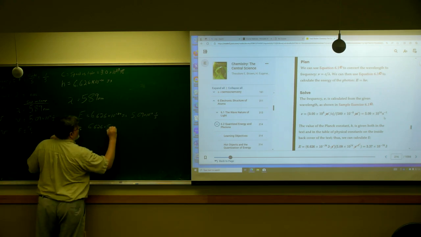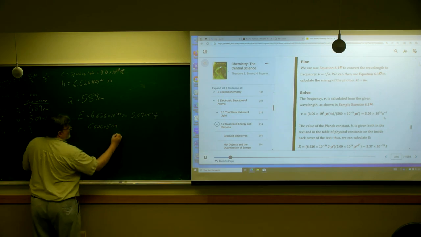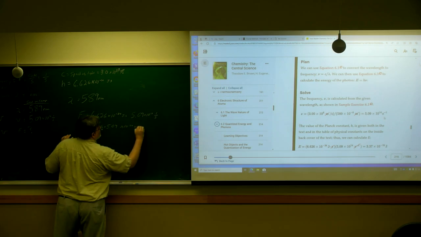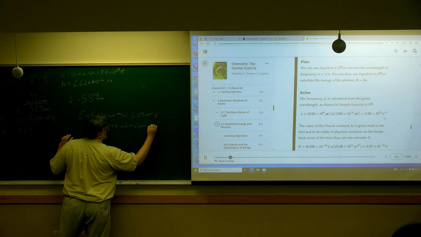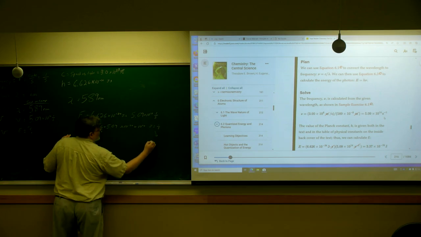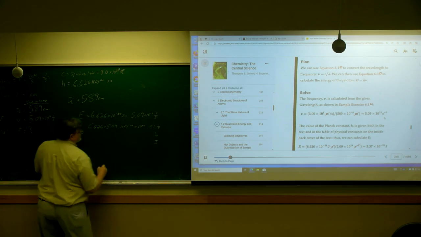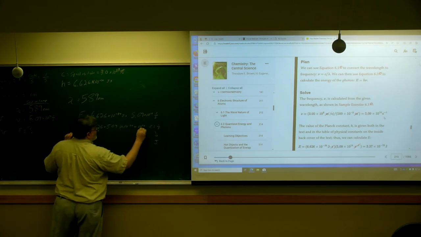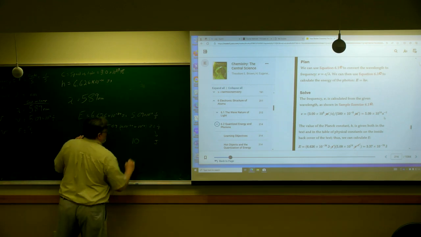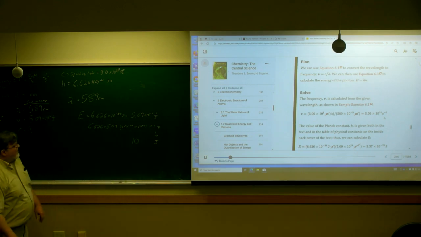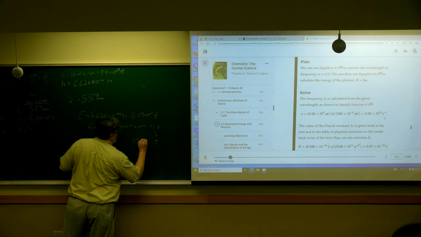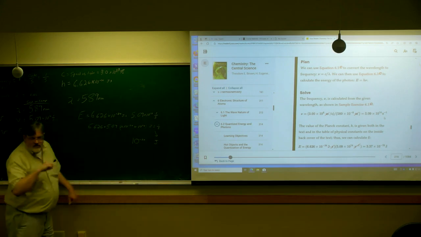6.626 times 5.09, and then times 10 to the negative 34, times 10 to the 14. And then my units are joule seconds times 1 over seconds, so my units are going to be in joules. Negative 34 plus 14, is that 20? Negative 20. That's right, isn't it? Negative 20.